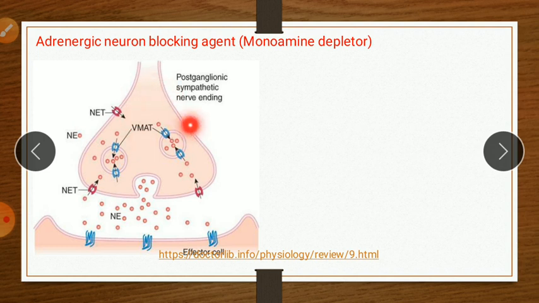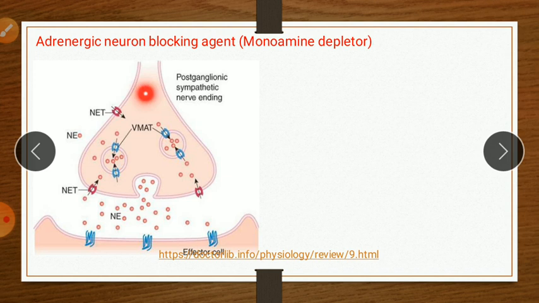This VMAT is responsible for the transport of noradrenaline from the cytoplasm into the storage vesicle. These drugs, called monoamine depletors, bind extremely tightly and block this VMAT. So it is the target of this drug.